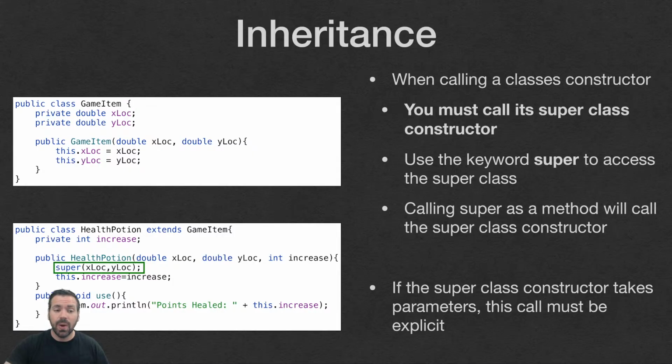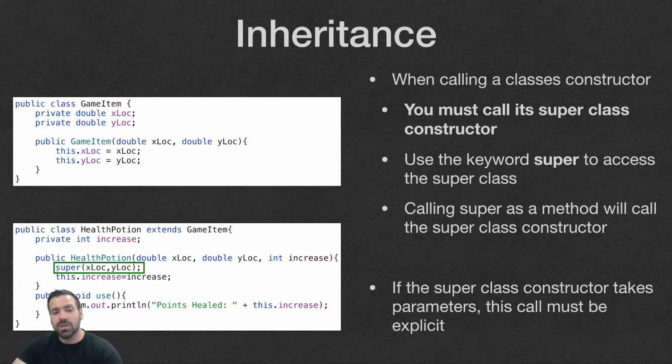So if I say new HealthPotion in my code, I'm calling the HealthPotion constructor, and the first thing that the HealthPotion constructor absolutely must do 100% of the time is call the superclass constructor using the super keyword. Super is a keyword that, for the most part, you can think of as being replaced by the name of the superclass. So this is like saying GameItem(xLocation, yLocation). We're calling the GameItem constructor right here.